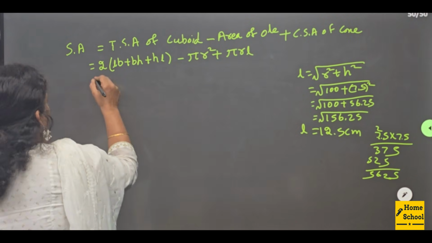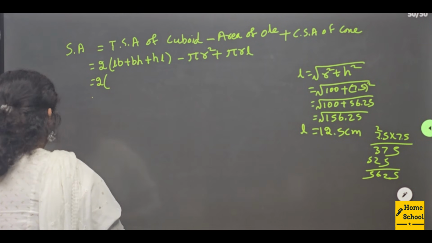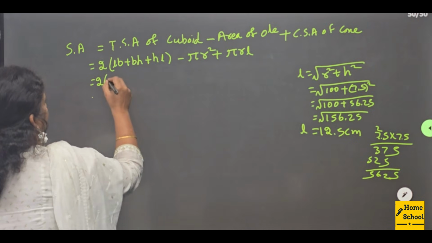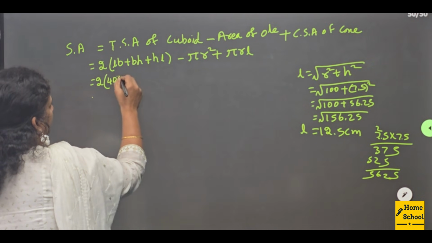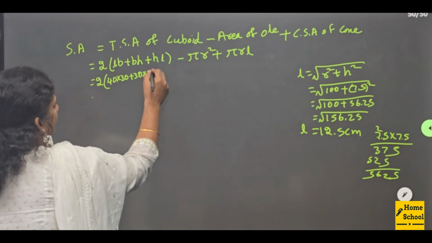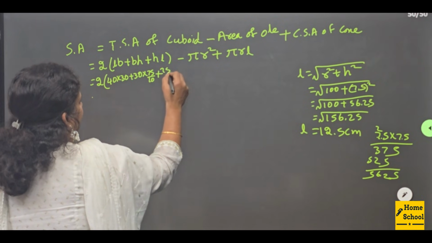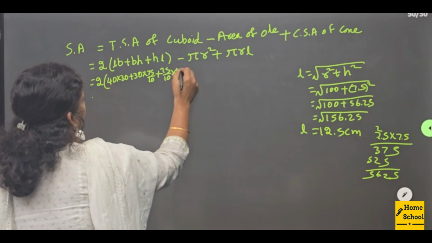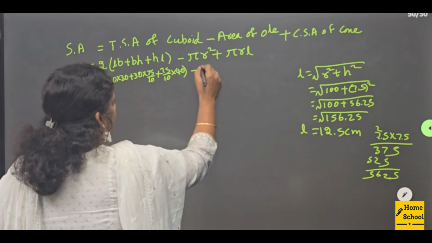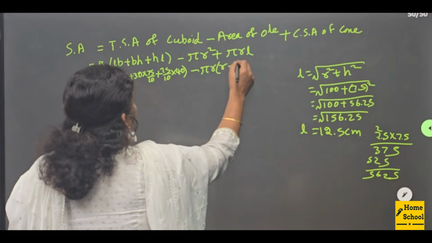Right? Now substitute all the values, length into breadth. What is length here? 40, breadth 30. 40 into 30 plus 30 into height 7.5, I am writing it as 75 by 10, plus height 75 by 10 into length 40, minus, among these two pi r is common, take out pi r common, r minus L, plus.